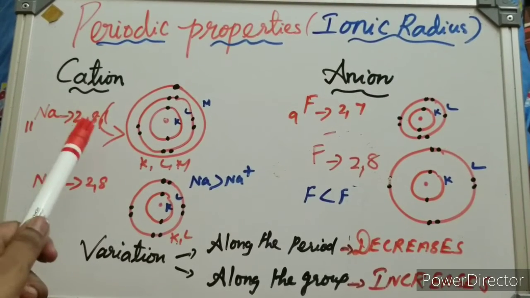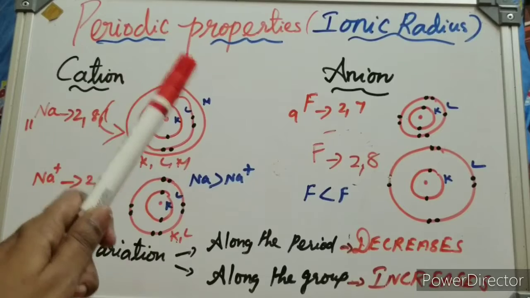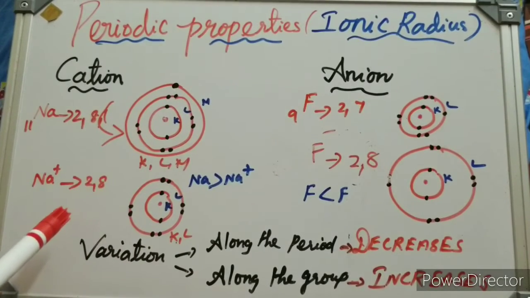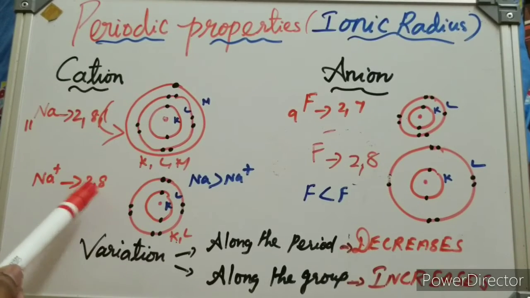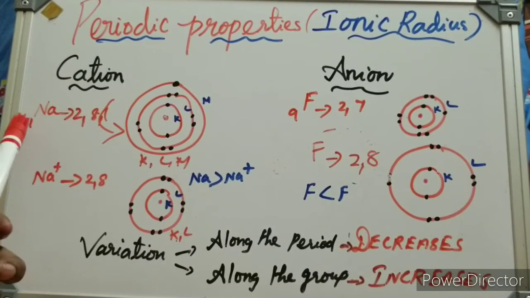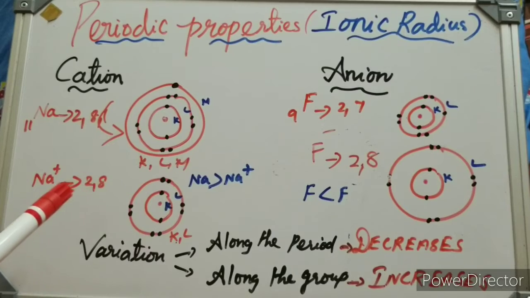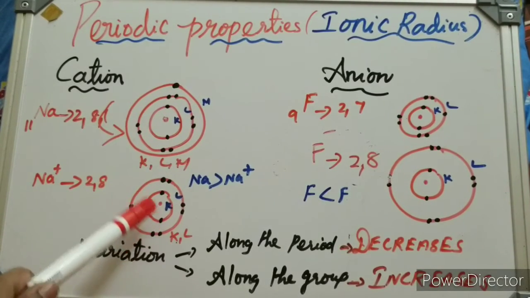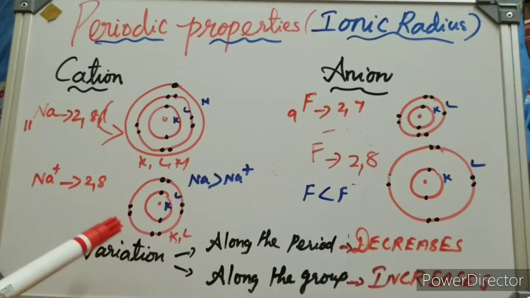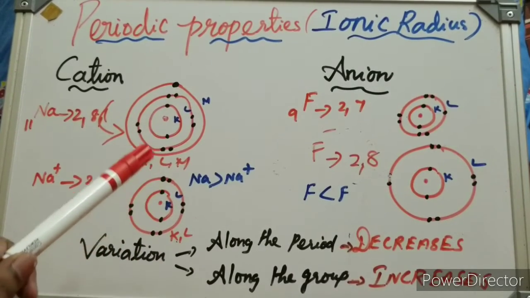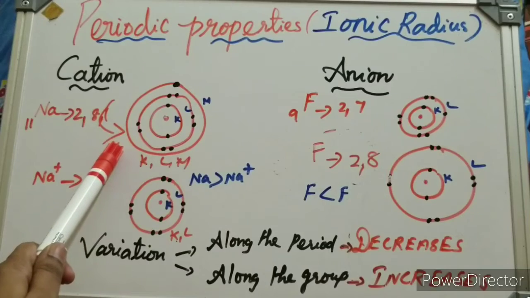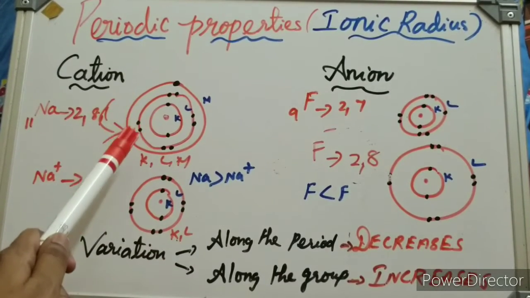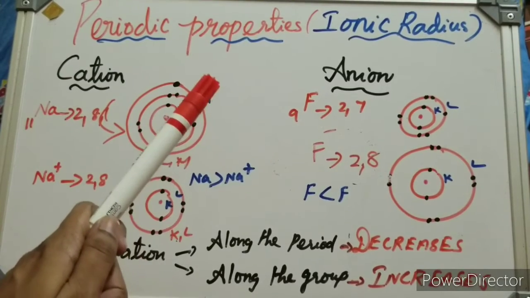Why does Na lose 1 electron from the valence shell? To attain stability. After losing the electron, Na plus contains only 10 electrons, while sodium contains 11 electrons. The 10 electrons are arranged with 2 in the K shell and 8 in the L shell. So compared to the neutral atom, when it loses 1 electron, it automatically loses 1 shell also.